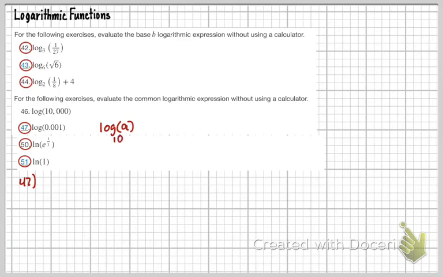The reason for that is, think about what base system we use: numbers like 1, 2, 3, and then we go to 10, then 100, then 1,000, 10,000, 100,000. Those are the base 10 system that we use. So that's why when I don't have anything there, it's understood to be 10. So this is really saying, because I don't see anything here, log base 10 of 0.001. That's what that's really saying.